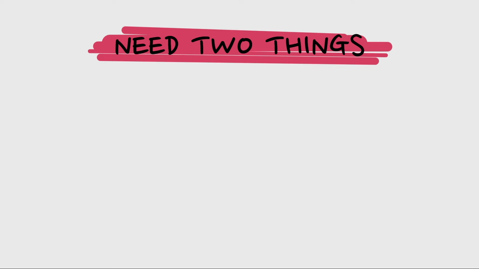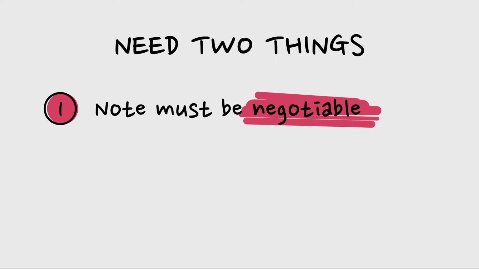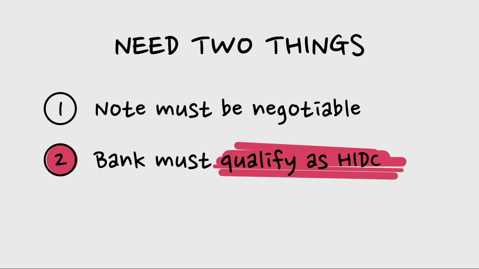So we need these two things, right? That the note itself, this note that Barb sold to the bank, must in fact be negotiable. For it to fall under UCC Article 3, it would need to be negotiable. And the bank must qualify as what's called a holder in due course, or an HIDC. Because if it's not negotiable, then you can't transfer it, right?